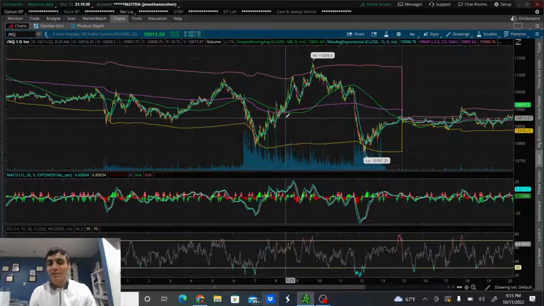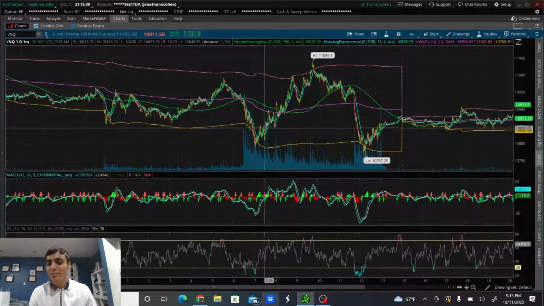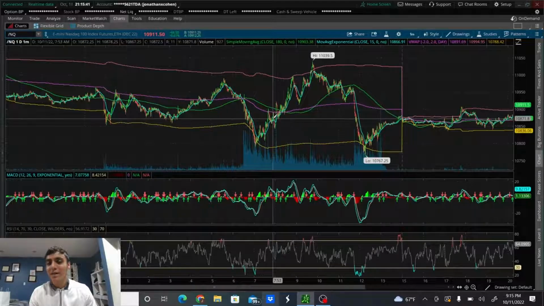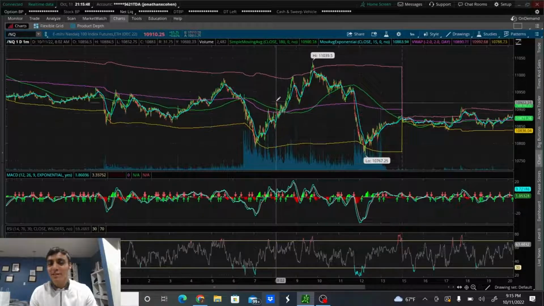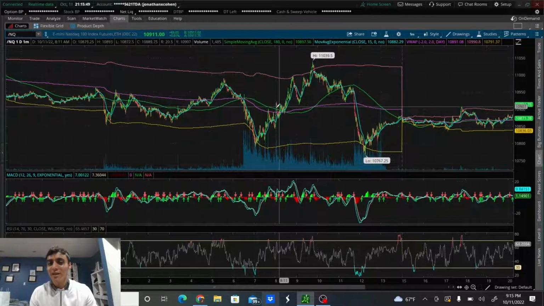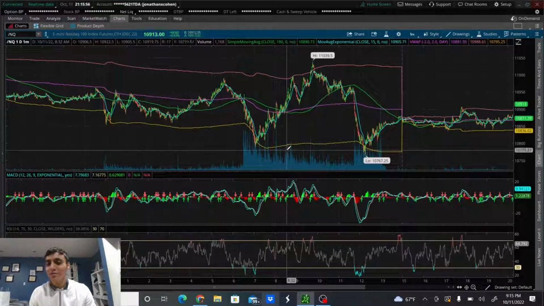But ultimately it did end up having a great support right around here and using this blue line to make higher highs and higher lows. It used it as a support. So what two things could have happened here was it could have got rejected off here, right? I got in right around this area for a play for SQs, meaning I thought the Nasdaq was gonna fall.